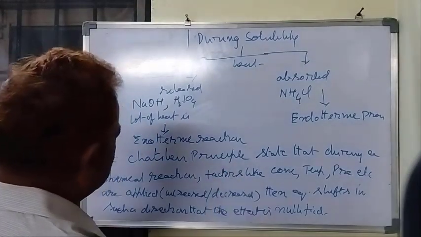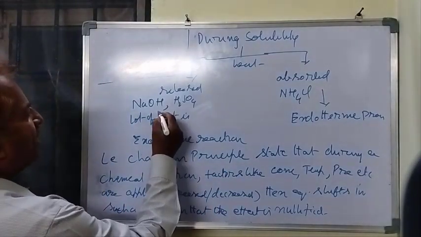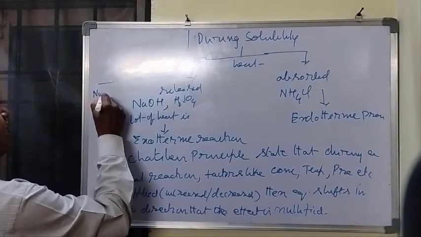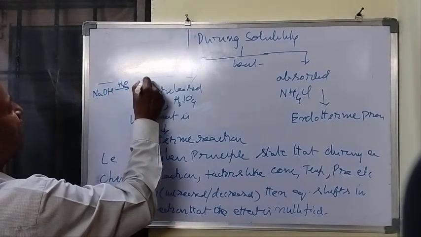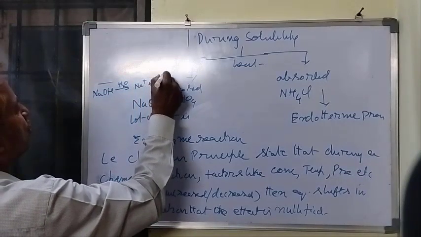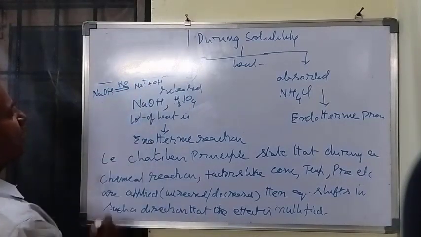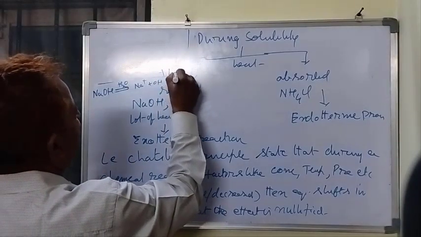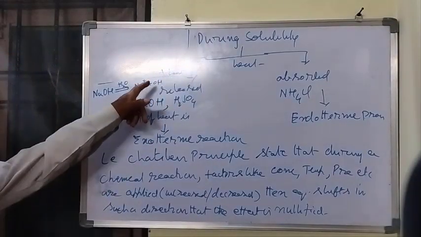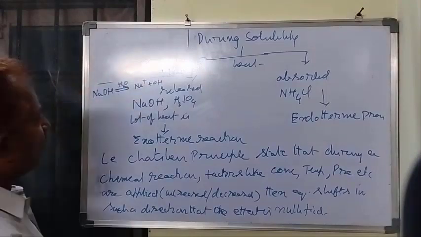So according to this Le Chatelier principle, see here what happens. Let us take the reaction NaOH dissolves in water, therefore we get Na plus and OH minus. So here an equilibrium state establishes. Of course here heat is released. In this case, if we supply the heat, then what happens?